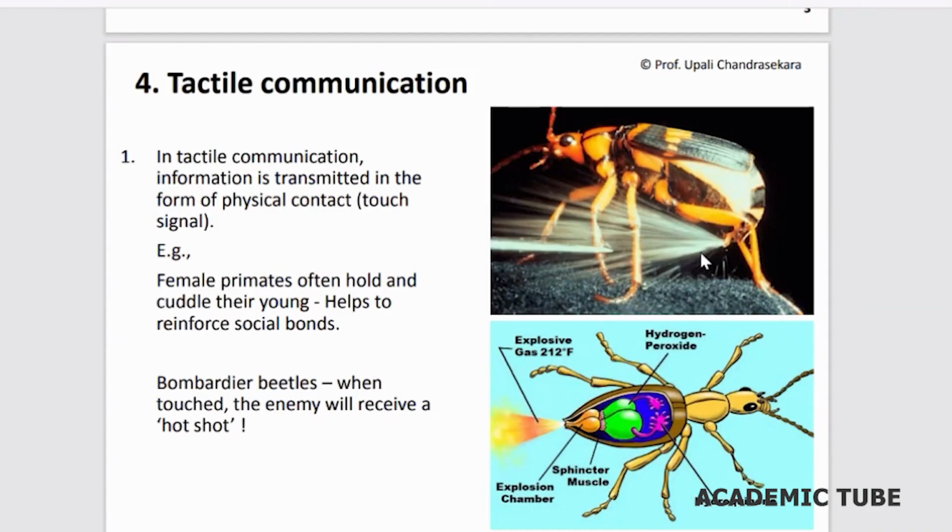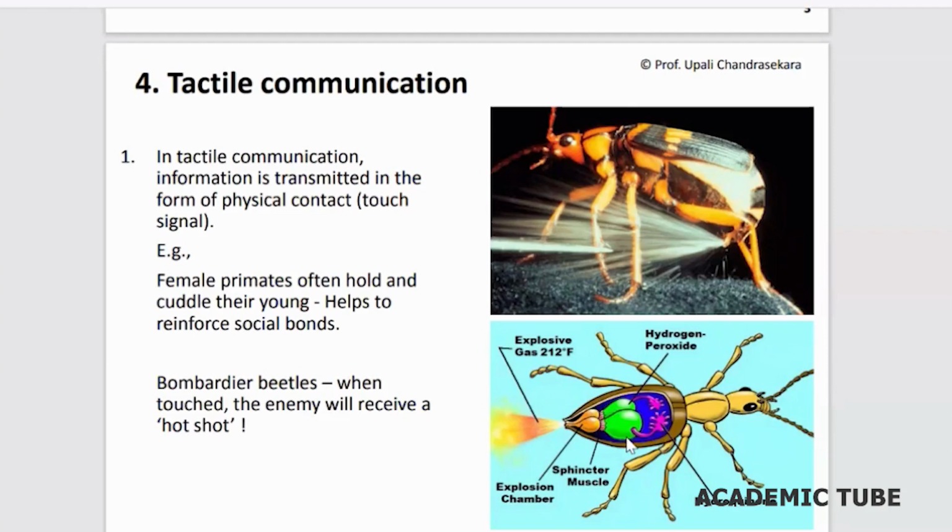So how do they do this? How do they produce this hot stuff? You see, when you consider the internal anatomy of this particular beetle, this is quite unique to these animals, right? They have a very unique organ system inside the body.